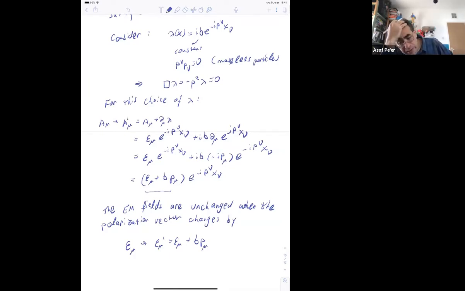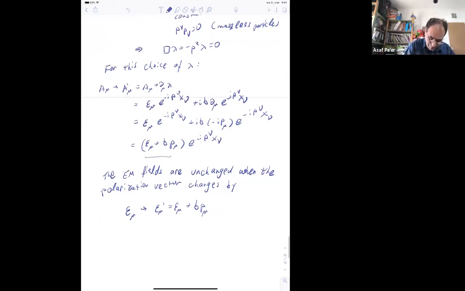That's of course because the gauge transformation does not change the measurable physical properties.